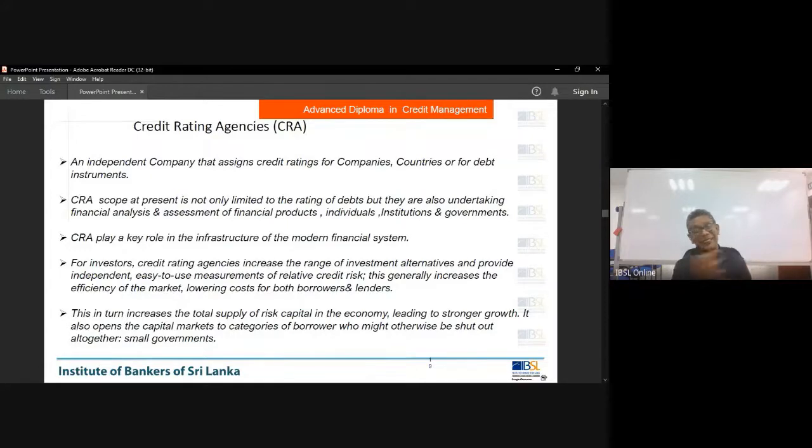Some customers, the branch may reject, but that loan is approved by head office people. Something similar happens with the credit rating agencies. That's the reason why the credibility of credit ratings in Sri Lanka has also deteriorated to some extent.